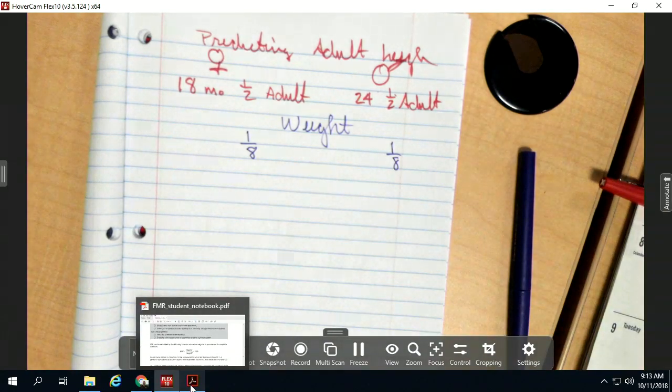Now think about why would that be? Would you agree that as a baby grows taller, other things happen too? It grows wider and it grows thicker. Okay?